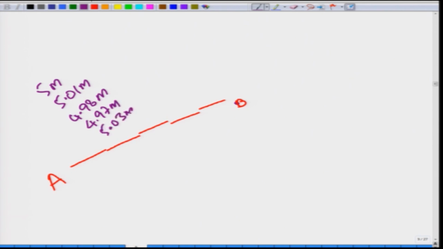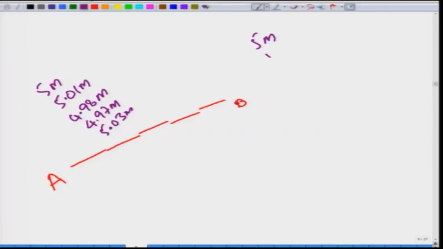So, these are the 5 measurements that you took of the distance between A and B. Now, this is one reading. The second reading taken by some other person is say 5 meters, 4 meters, 6 meters, 5.5 meters and say 4.5 meters.